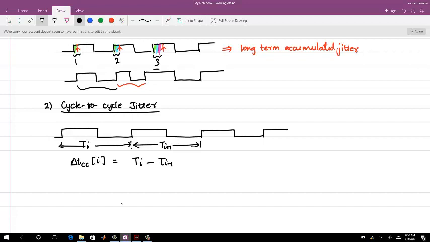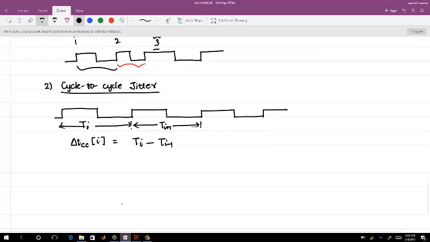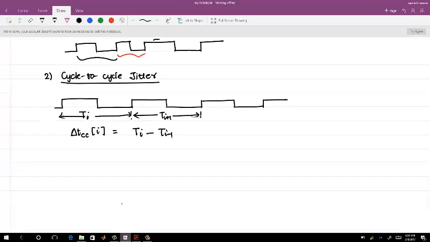The same statistics will follow, so you measure it over a number of cycles. Normally cycle to cycle jitter is defined in terms of peak to peak. You measure the difference between two adjacent clock cycles over a number of samples, and take the peak to peak jitter.